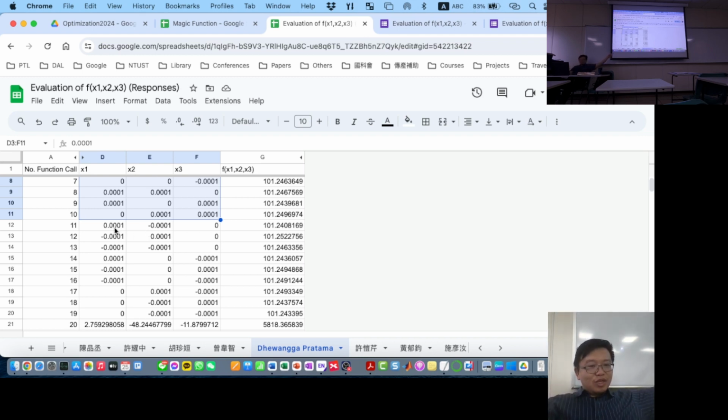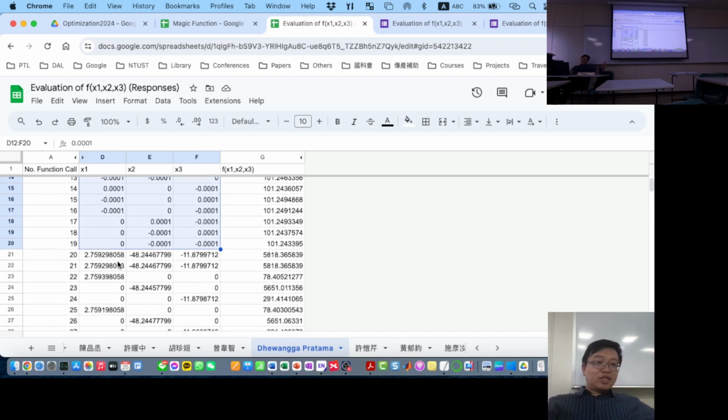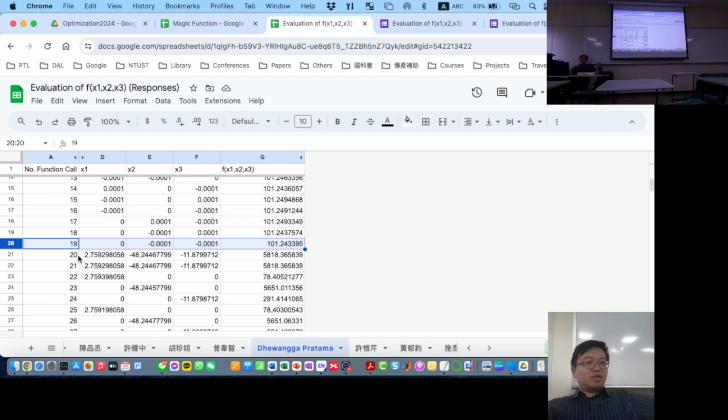So we don't really need increments like these. So I don't think these are necessary. Maybe Dewanga tried a different way to do finite difference. I don't know. I need to go back and check. So I guess after the 19th trial, he performed one iteration and then advanced to the second iteration.